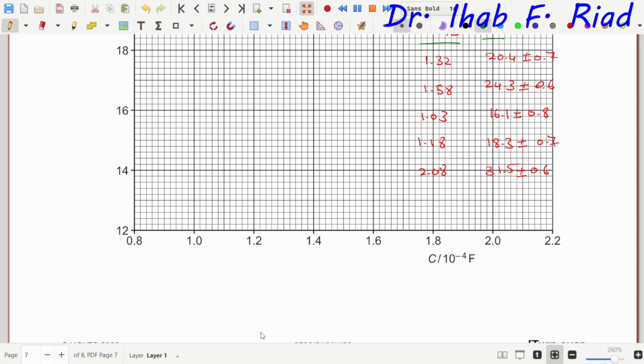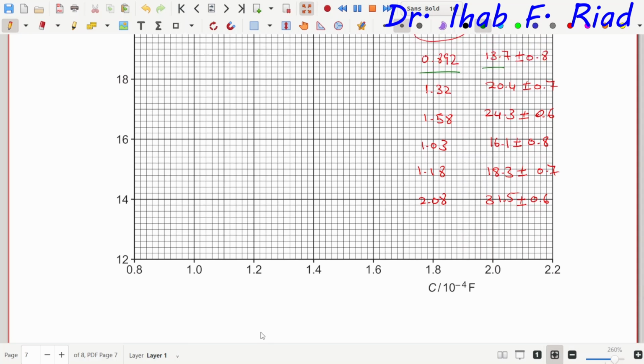Now we have 0.89, 0.8. This is 0.8. Okay. 0.82, 0.84, 0.86, 0.88, 0.9.